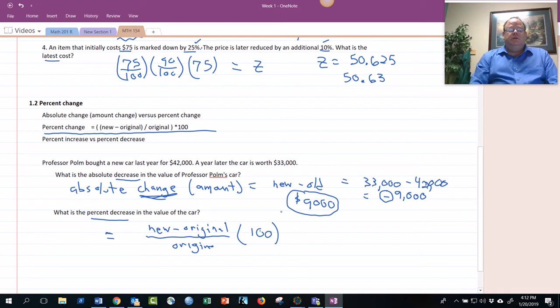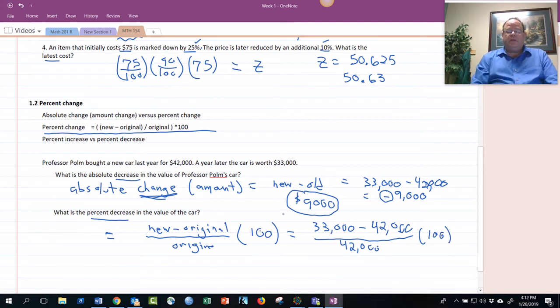Okay, so in this case, that's going to get us back to our 33,000. You'll notice that it saves you a little bit of work here. When they ask you for the absolute change first, the absolute change is just what goes in the numerator for the percent change. All right. Over 42,000 times 100.